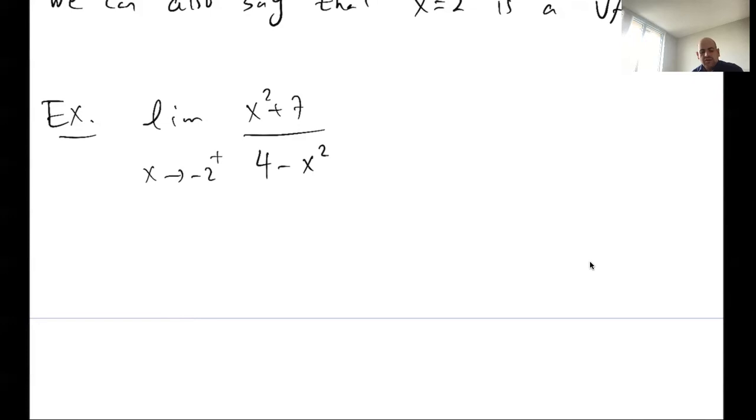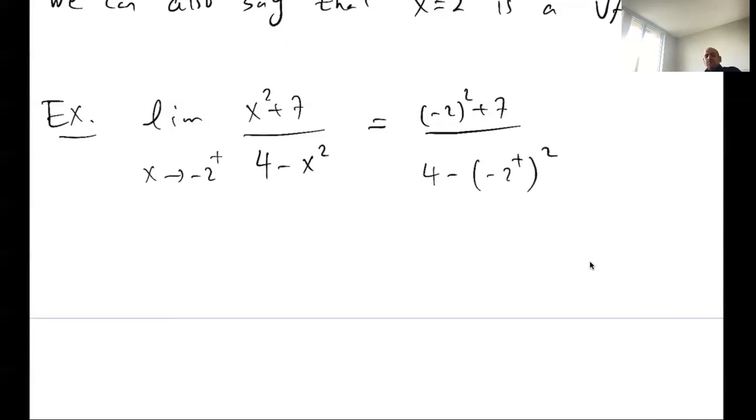So again, if you replace, it's minus 2 squared plus 7 divided by 4 minus minus 2 from right squared.